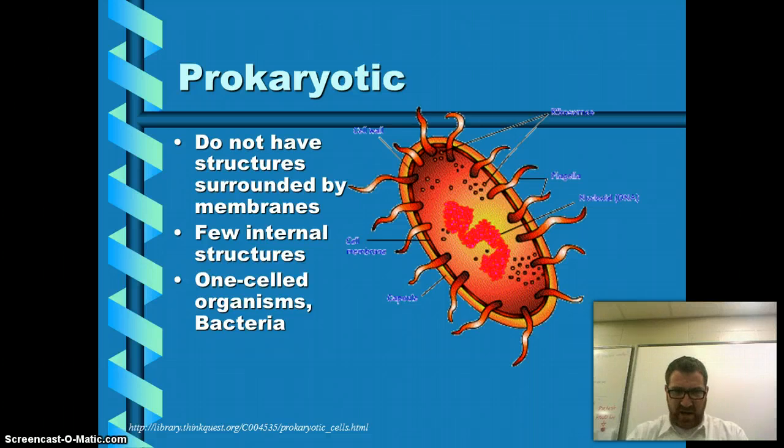And finally, an example of a prokaryotic cell would be the bacteria. Plus, one very important thing about prokaryotic cells is that they don't contain a nucleus of any sort. So all of their genetic information just kind of floats around in here, as you might see in the structure right there.